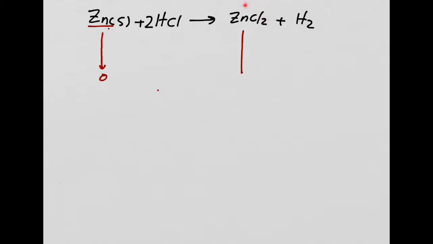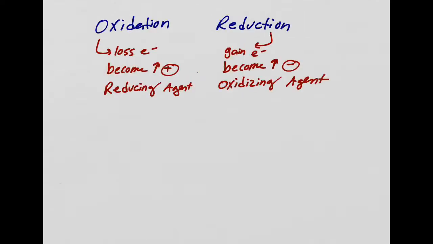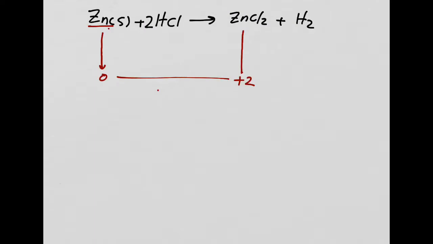Now that it's in an ionic compound, it has a charge. What's the charge of zinc? The 2 comes from the zinc. Zinc is plus 2. So I went from 0 to plus 2. What happened to you? You became more positive. When you become more positive, you are oxidation. So this one is oxidation.